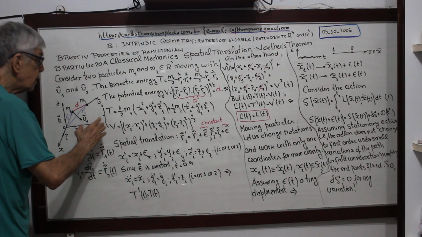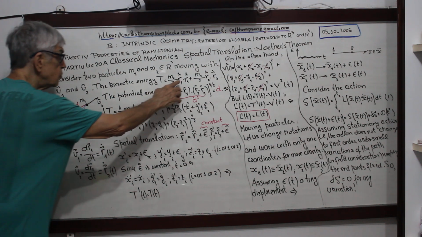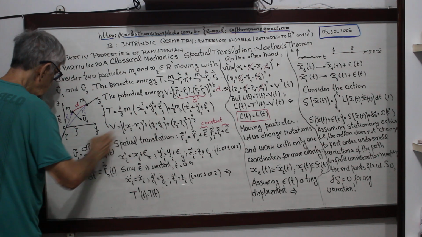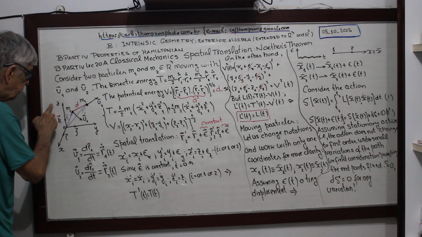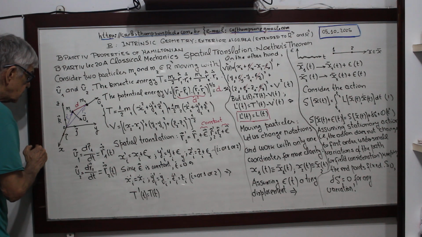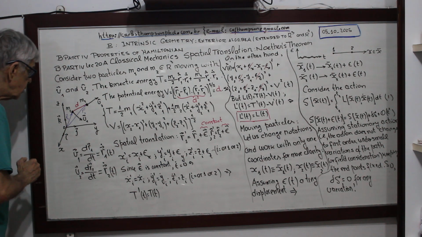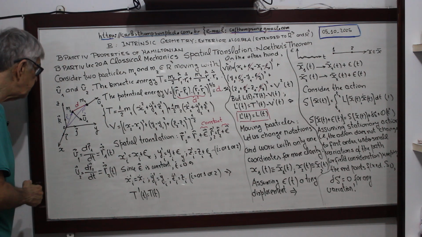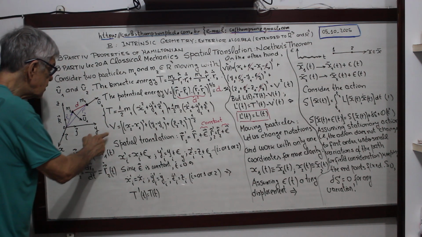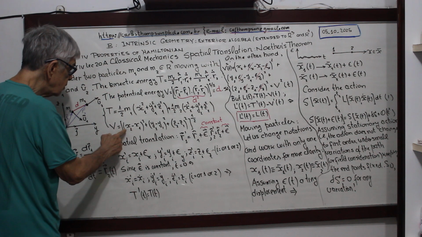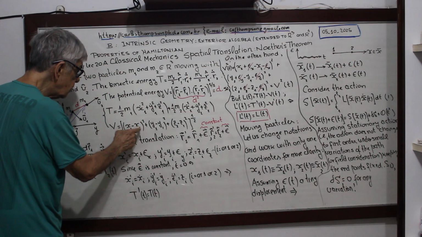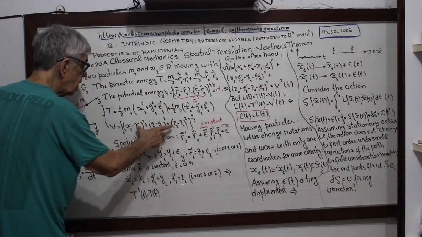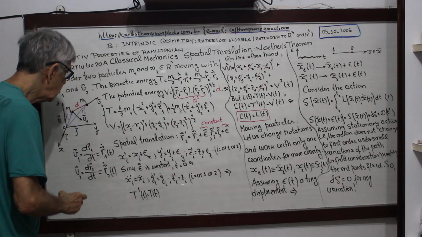I just substitute this dot product here, in R3 with x, y, and z, the basis vectors of the Euclidean coordinate system. So the potential energy depends on the distance, which is the square root of d squared.